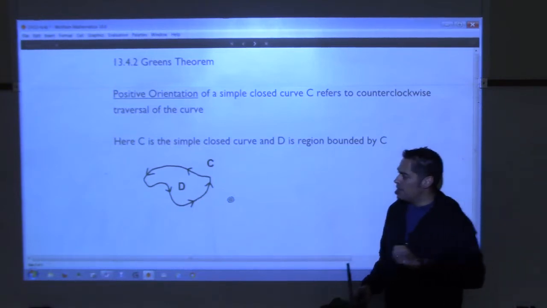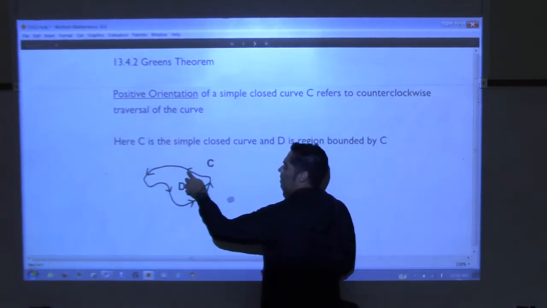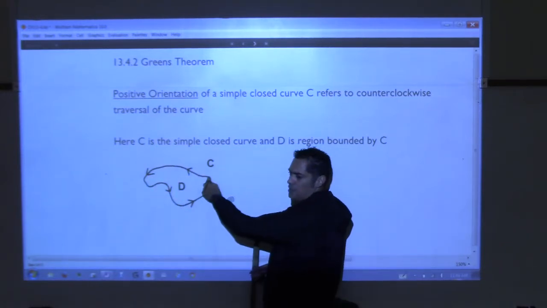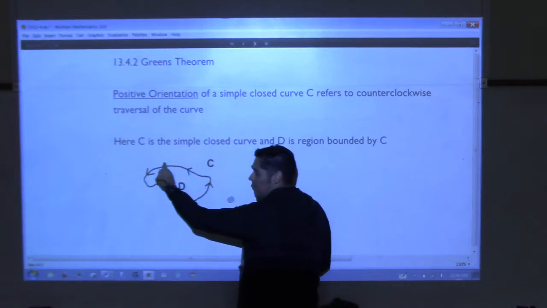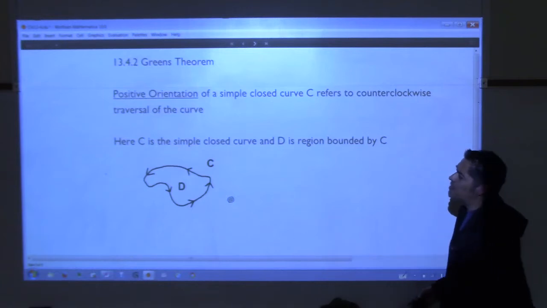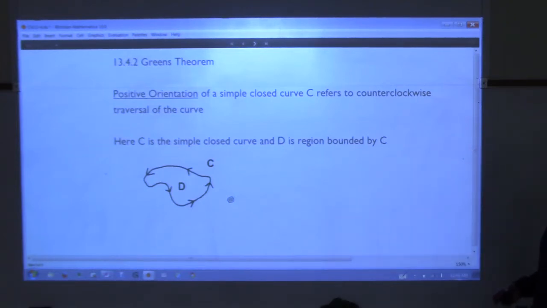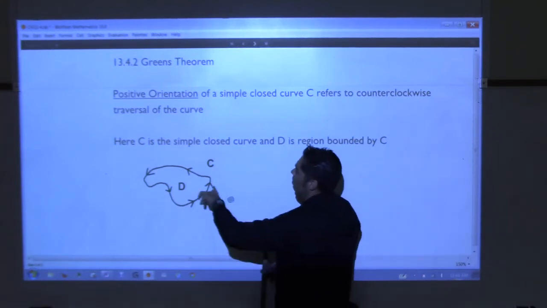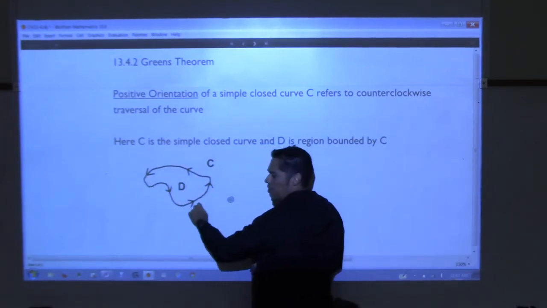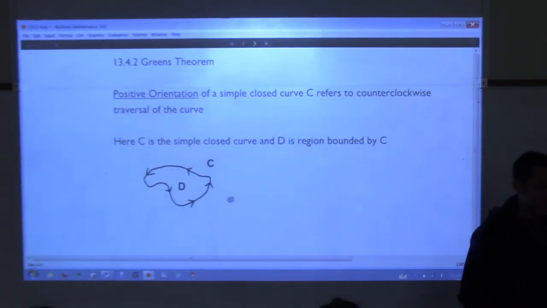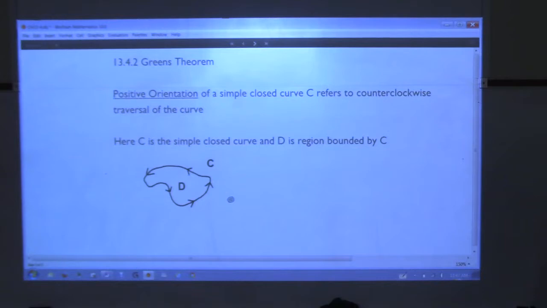So D here is a region. If it's a closed bounded region, then there is a curve that encloses that region D, the outer edge. If we take what's called the positive orientation of the simple closed curve C, then what we mean is counterclockwise traversal of the curve. Anytime you go counterclockwise around a curve, that's called positive orientation. Negative orientation would be the other way around.